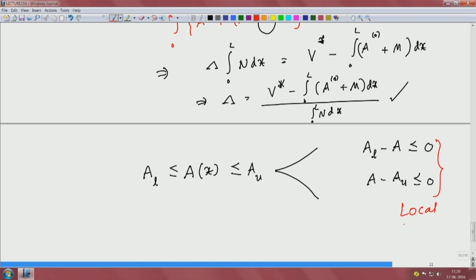These are local or function type constraints because they are everywhere for all values of x. So, I will use lowercase letter mu, we can call it mu_L of x and then mu_U of x, two additional multipliers.